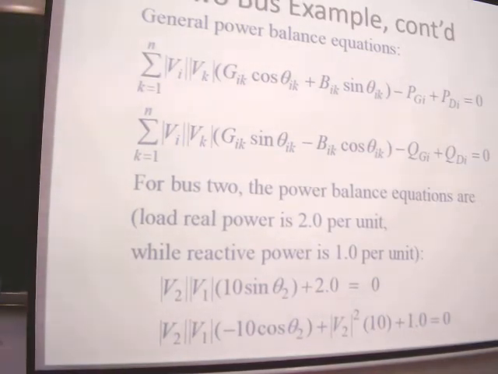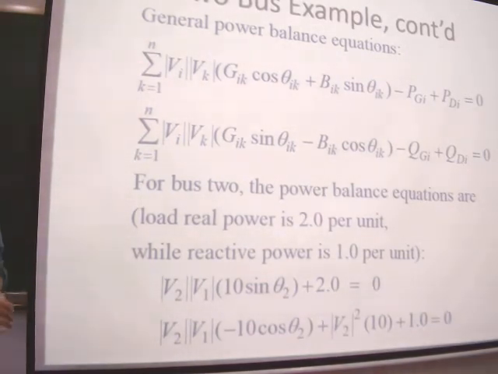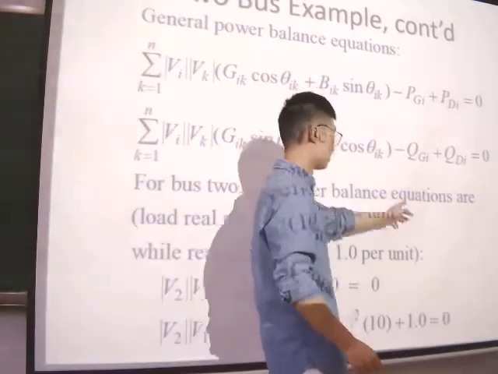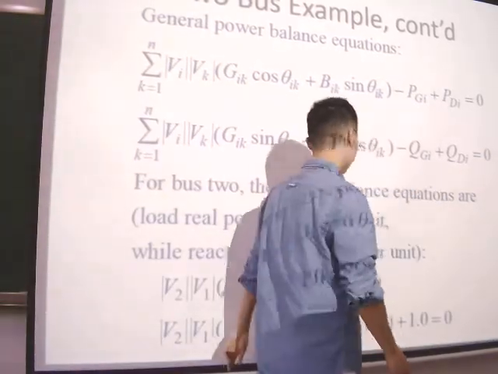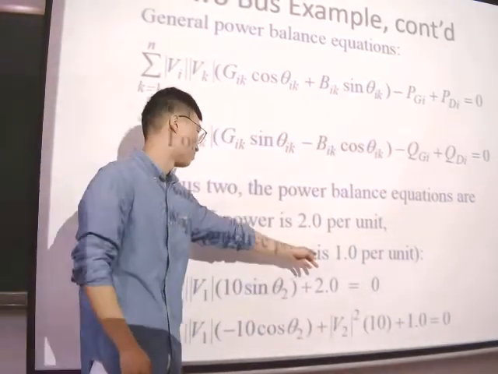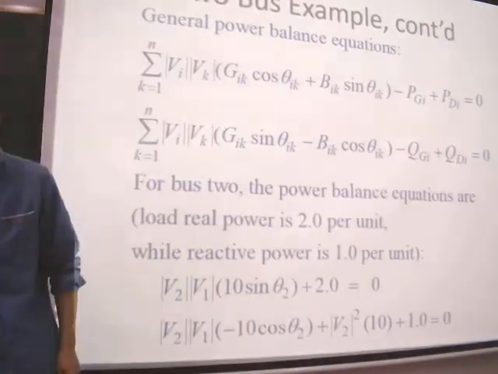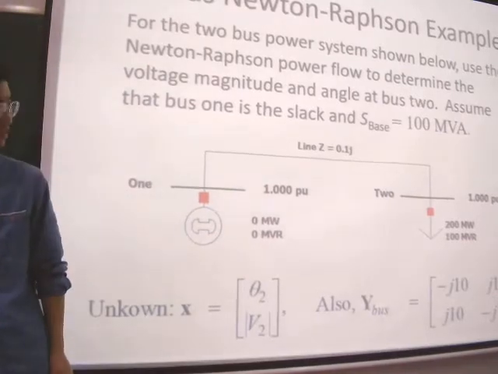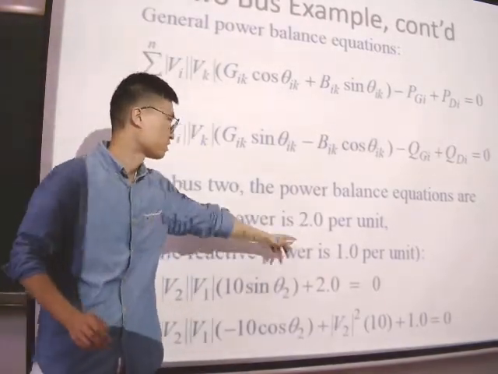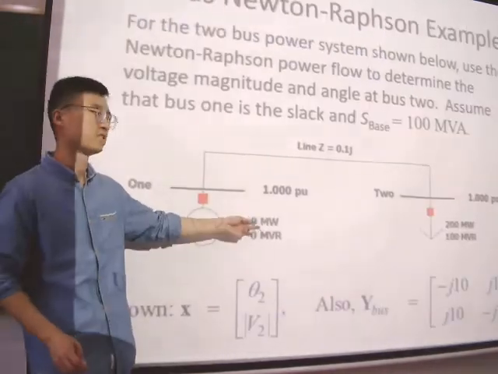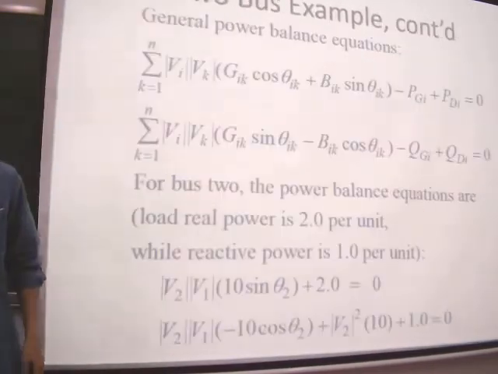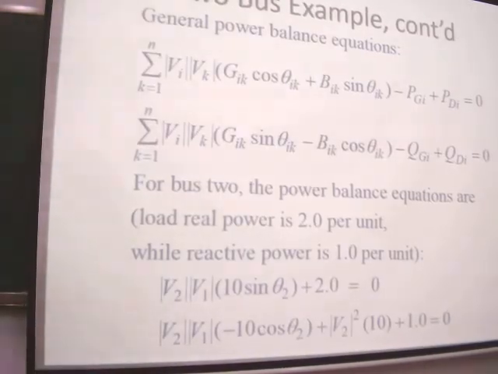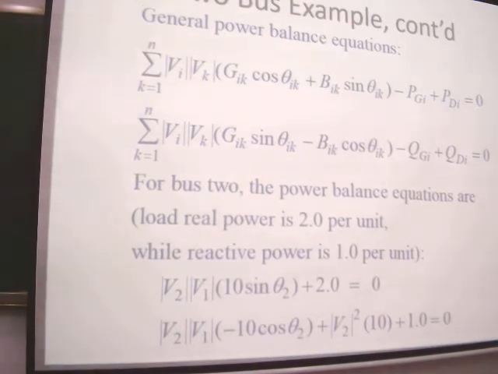So the power and reactive power. Because of this here, the Q is also the reactive power. So here is only one, right? The P here, there is no generation. So the Q2 is also because there is no generation here. Okay.